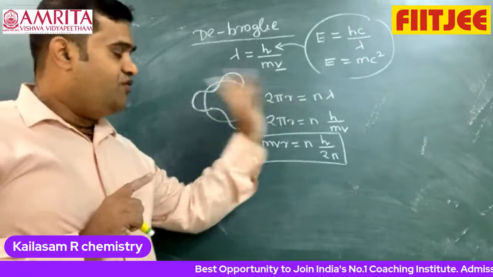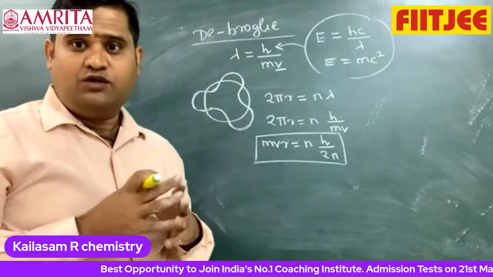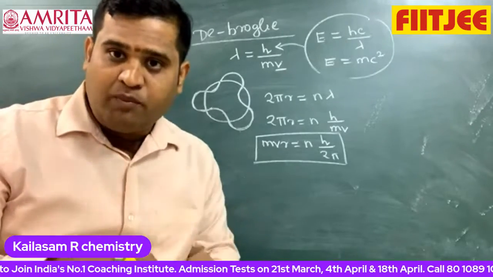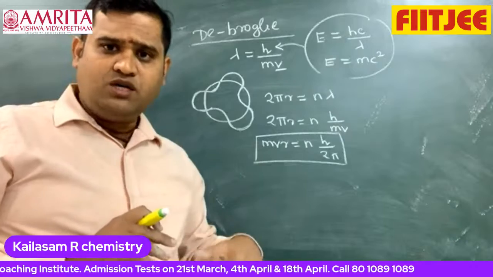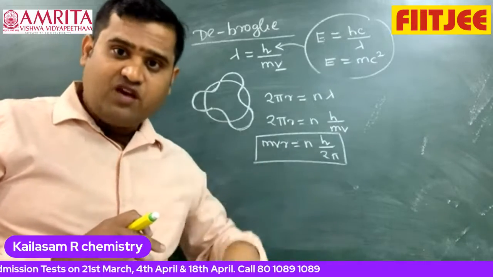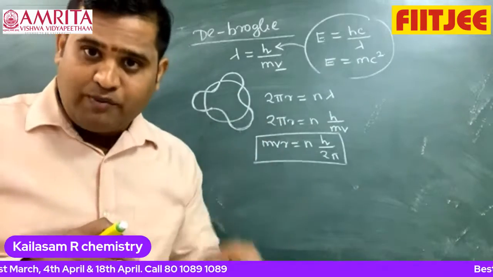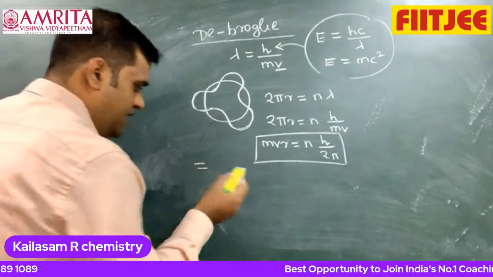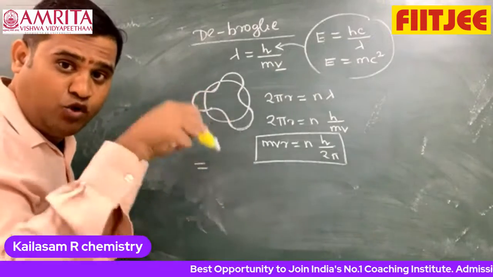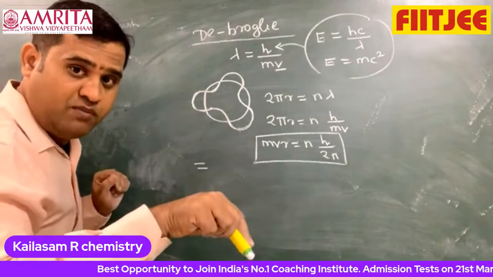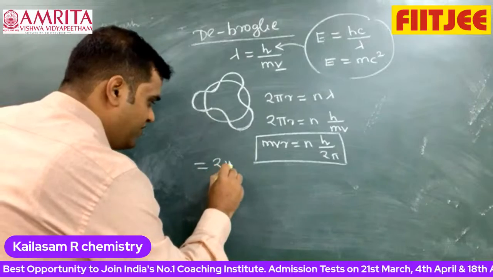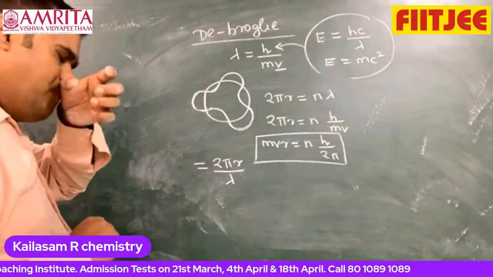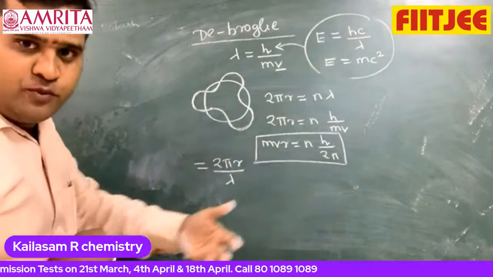Why an integral multiple of wavelength? From this, we are able to find out that the number of waves produced in a particular Bohr orbit is equal to the principal quantum number. How? Look at this. The number of waves produced in a particular Bohr orbit is nothing but the circumference by lambda.